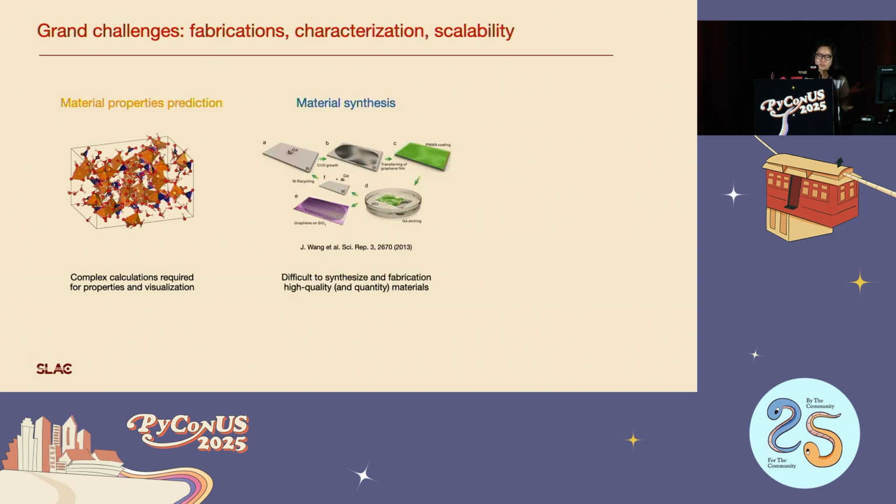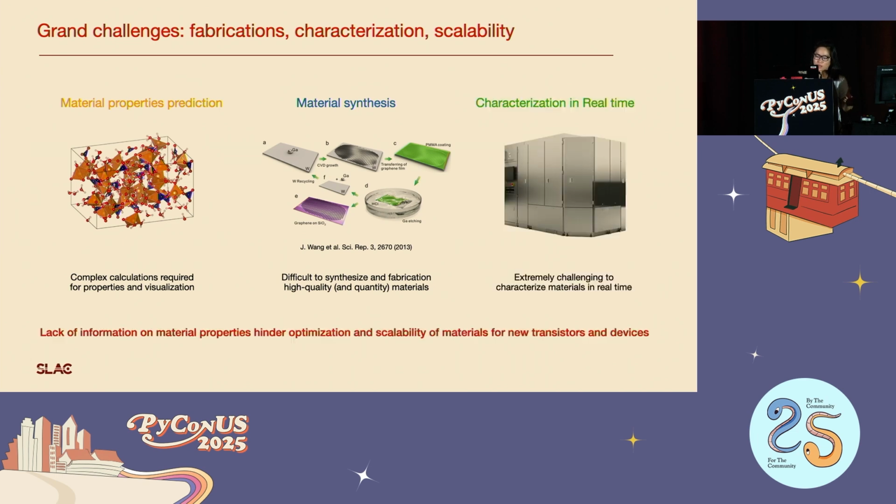The next step is, after predicting these properties, how do we make them? It's a very complicated and lengthy process to actually make high-quality materials for devices. And then the big bottleneck at the end is, okay, now I make these devices, do they actually function? Or would they just collapse within a few minutes or a few hours?